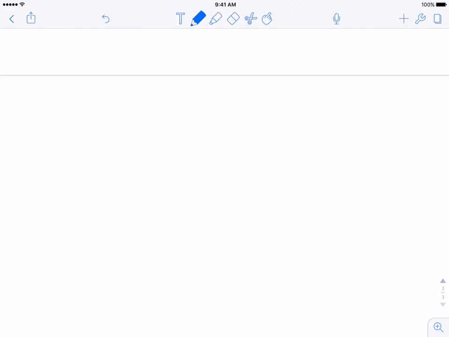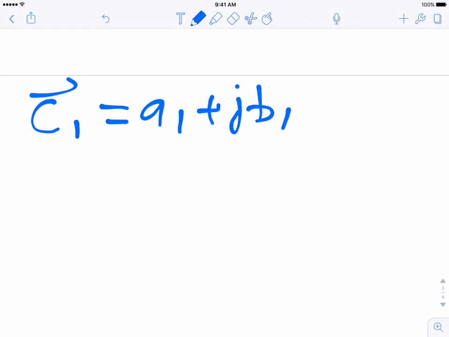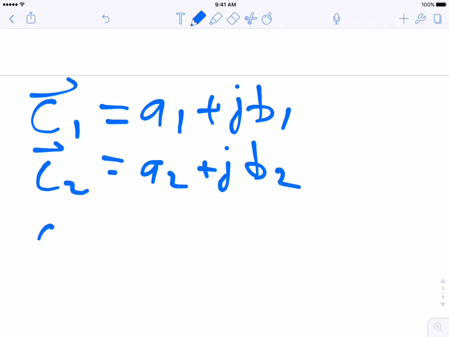So the next is going to be multiplying and dividing. Well, first let's do adding and subtracting, actually. So let's say you got C1 is equal to A1 plus jB1, and you got C2 is equal to A2 plus jB2. Well, C1 plus C2, we're just going to add the A's and we're going to add the B's.